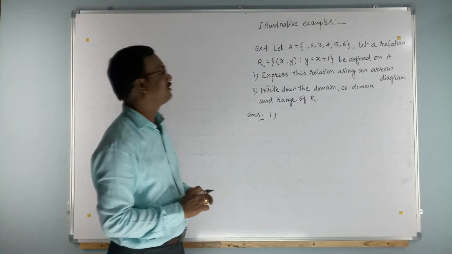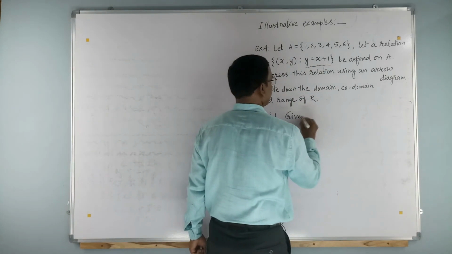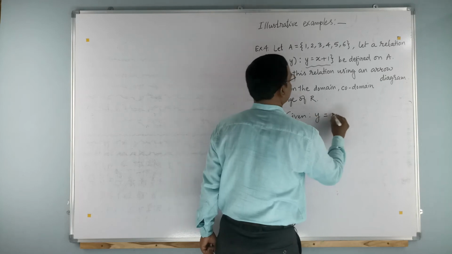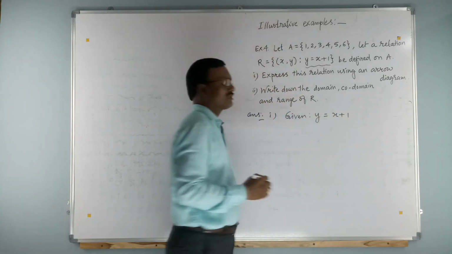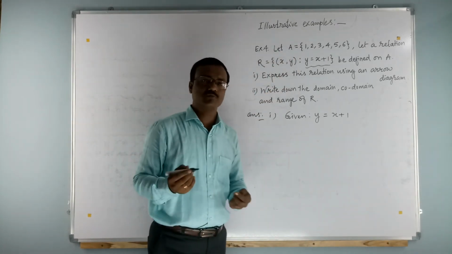Now initially mind the relation given, y is equal to x plus 1. So let us put x equal to 1, then 2, then 3 and find out the corresponding value of y.